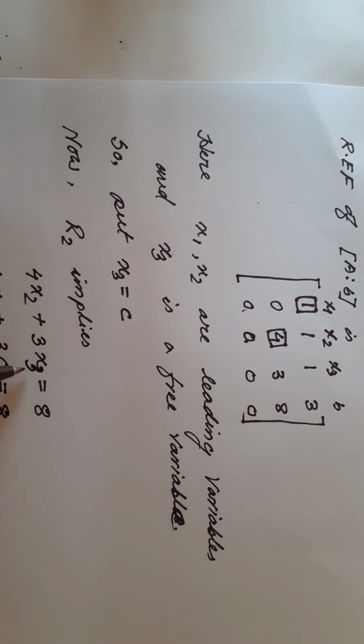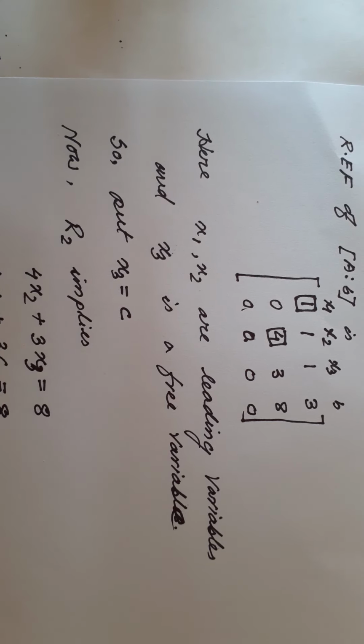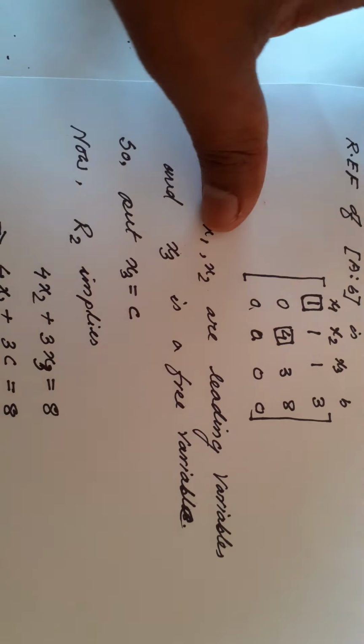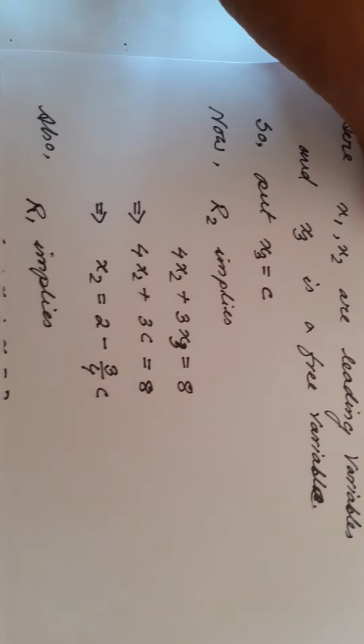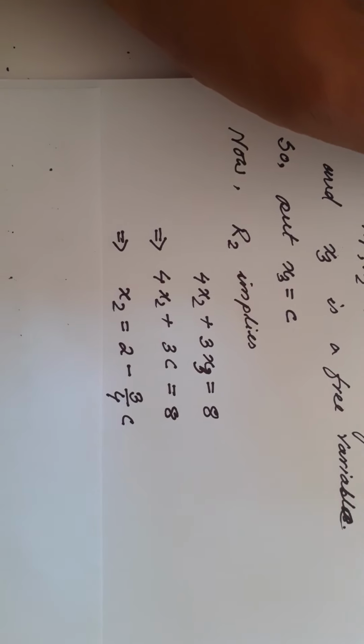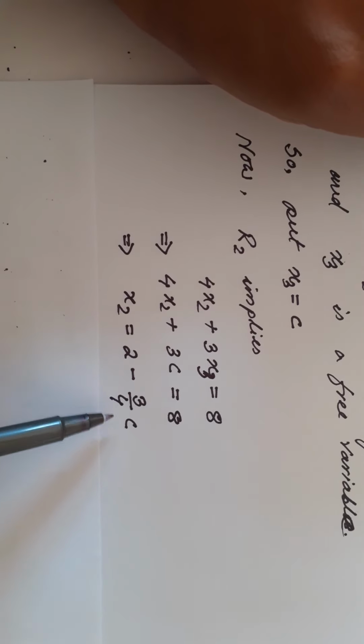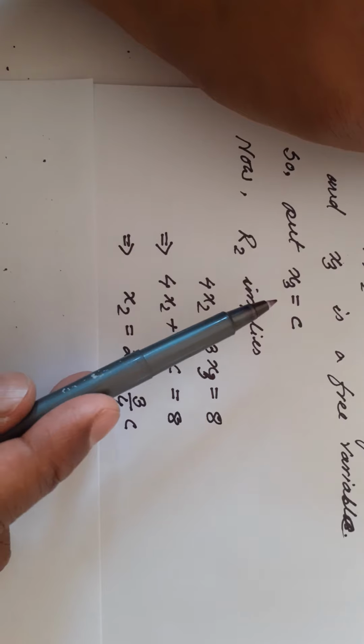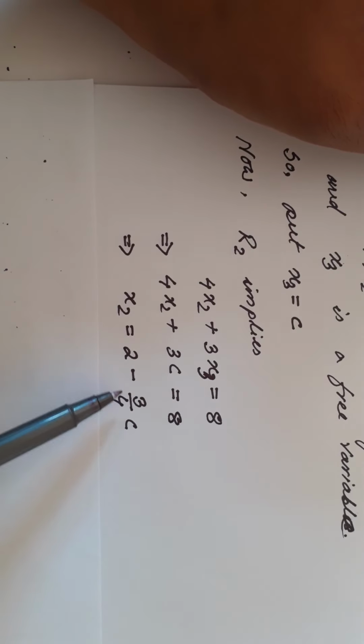Solve it. x3 we have already assumed to be c, so put it here and get x2. What we are getting is x2 equal to 2 minus 3 by 4 c. So we got x3 is c, x2 is 2 minus 3 by 4 c.